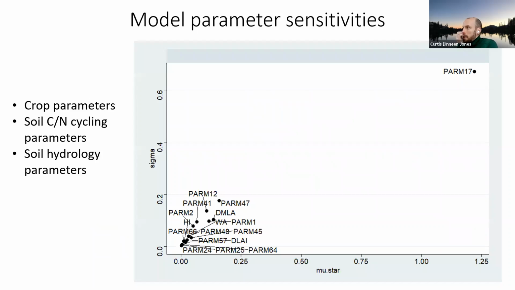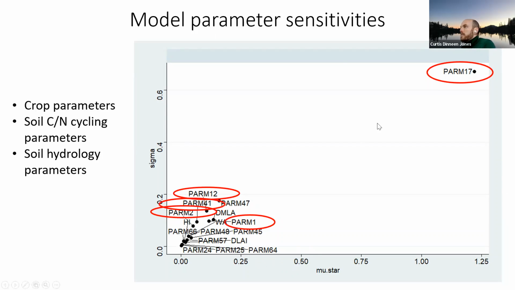So essentially, the in-season predictions of yields are reasonable with the model, but the allocation of what's driving that seems to be off quite a bit. And we've gone through exercises in the past highlighting what's most influential in terms of yield prediction with the model, and there are a lot of factors interacting.